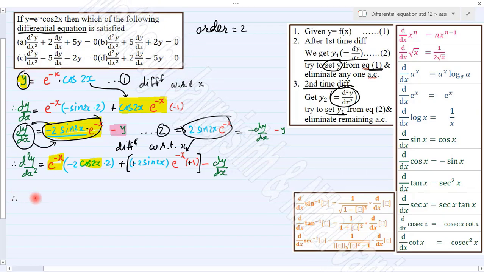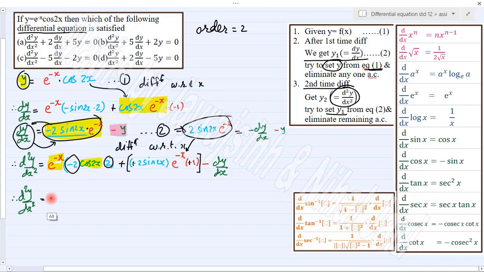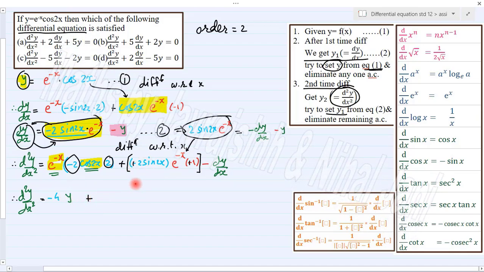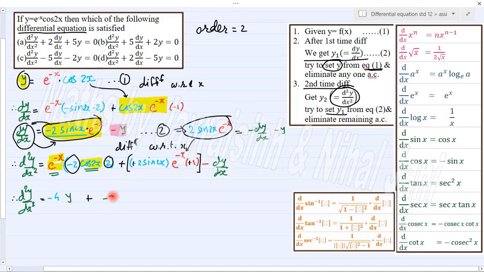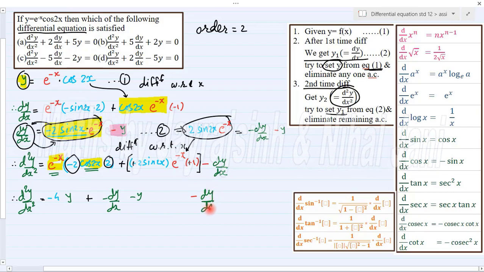So our term will be simplified as d square y by dx square. Here this minus 2 and plus 2 will become minus 4. E raised to minus x cos 2x will be your y, plus this whole bracket from the second equation will become minus dy by dx and minus y, and your minus dy by dx will remain as it is.